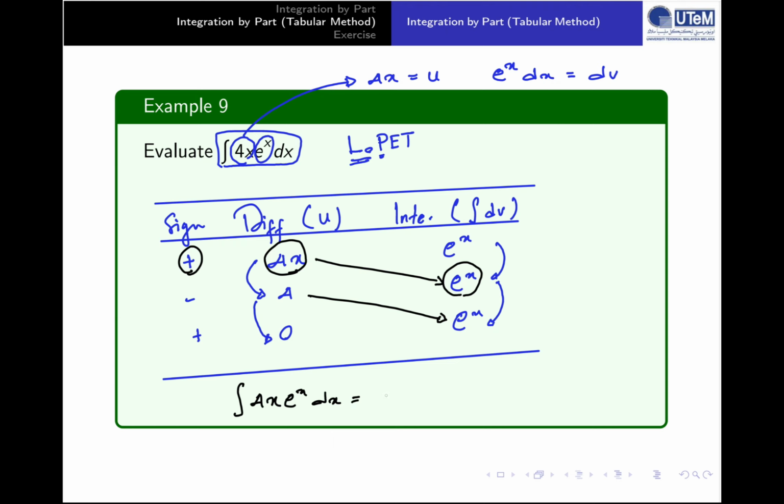Okay, doesn't matter that one, so it becomes 4x e^x, and then minus 4 times e^x, because this one you must times, multiplication. So minus, why is it minus? It refers to this one.